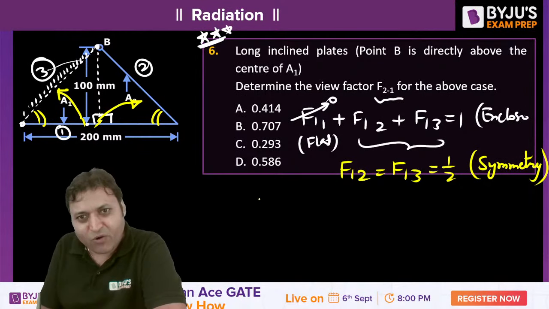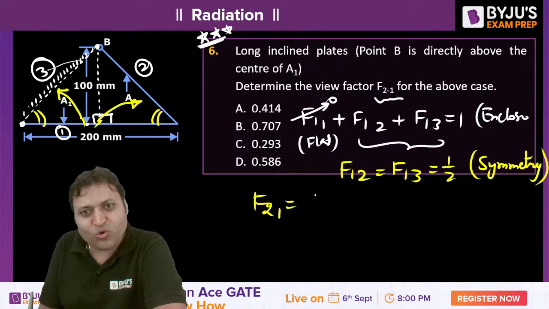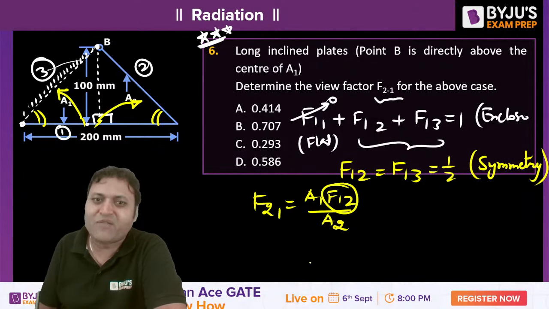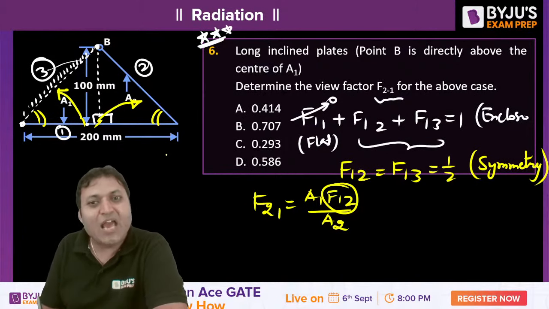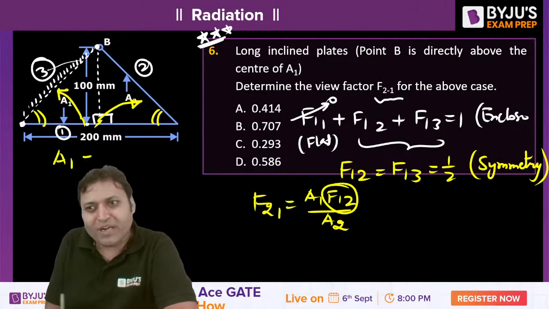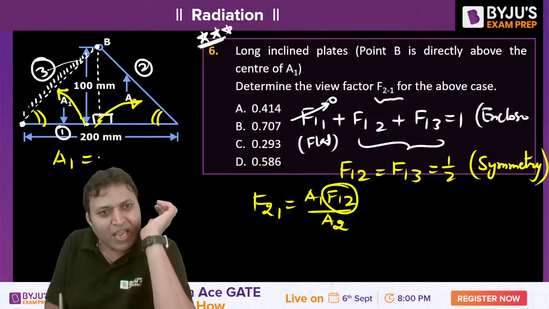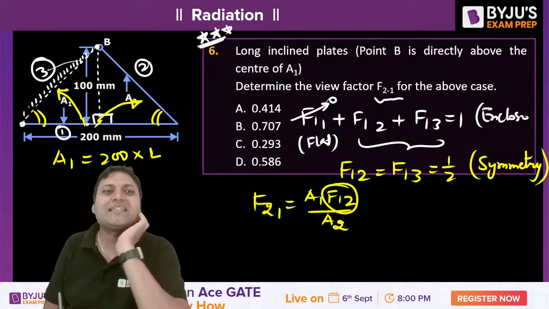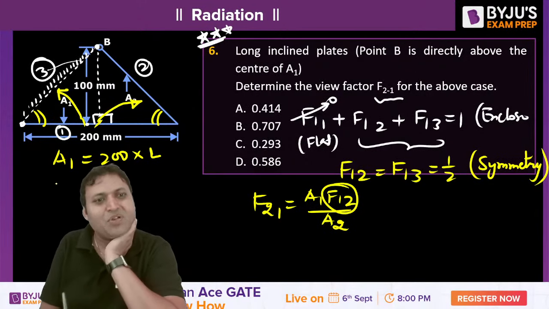Now we need to find out F221. F221 is equal to A1 F12 upon A2, that is the reciprocity theorem, and F12 we have already calculated. Now we need A1 and A2. What is A1? A1 is 200 into L, L being, let us say, the length into the plane. What about A2?